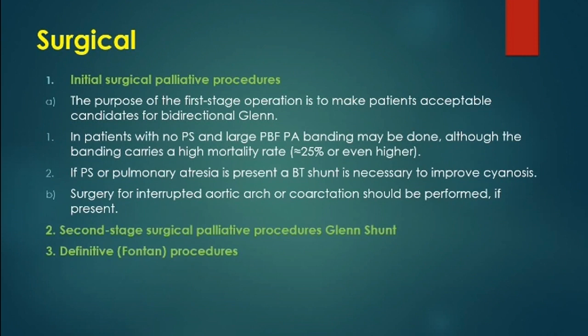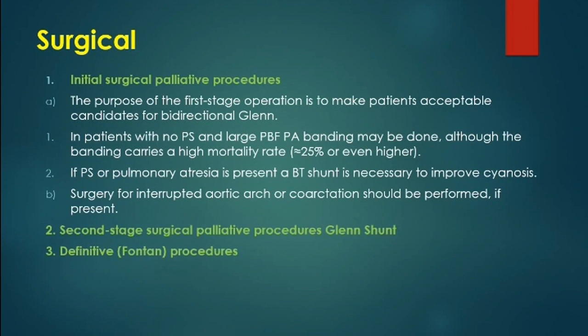At first, if the patient is having severe pulmonary stenosis or pulmonary atresia, a BT shunt may be required to improve the oxygen saturation. If there is increased pulmonary blood flow, a pulmonary artery banding may be indicated to prevent development of pulmonary hypertension and pulmonary vascular disease. Also, any aortic arch pathology should be addressed at this period.